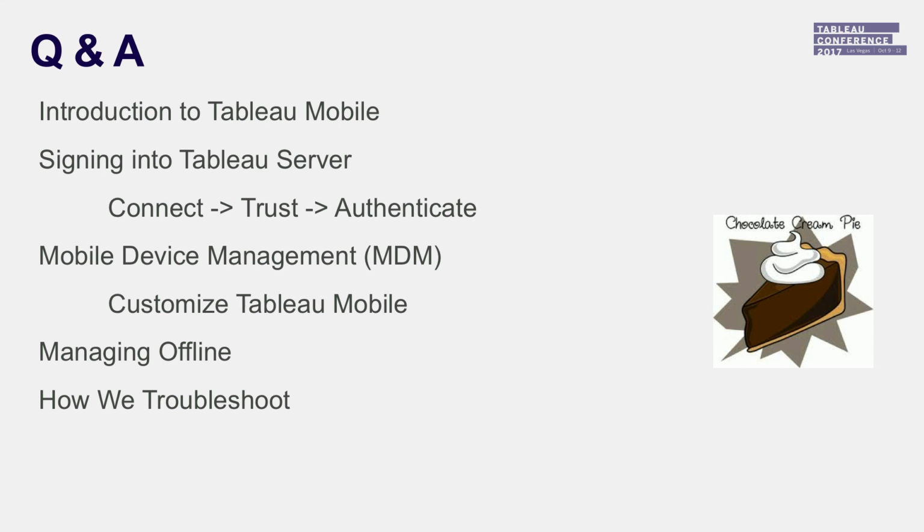Okay, one question from there, and then here. Yeah, that's a great question. The question is, is there a way as a server admin I can see what my mobile users are doing as opposed to people that are connecting over a desktop browser or a laptop? We don't have that now.